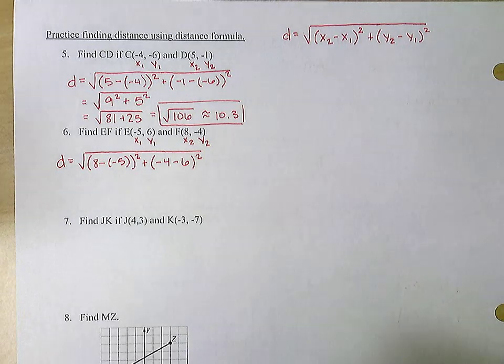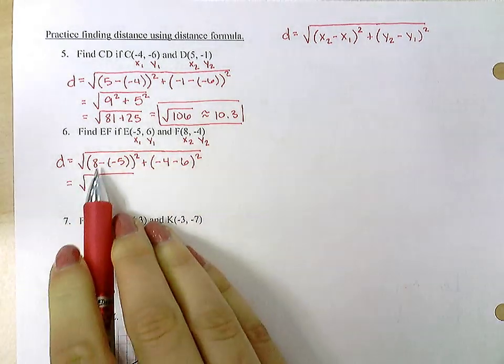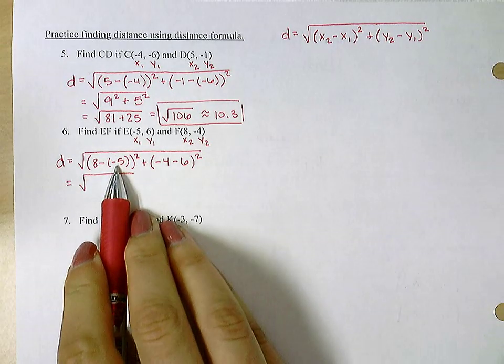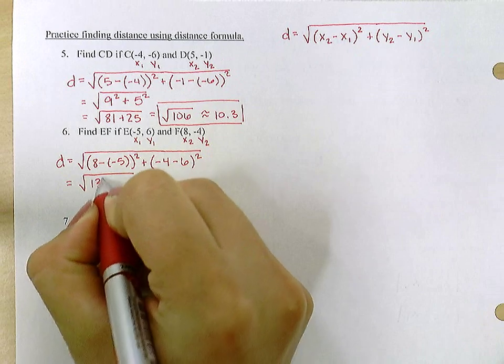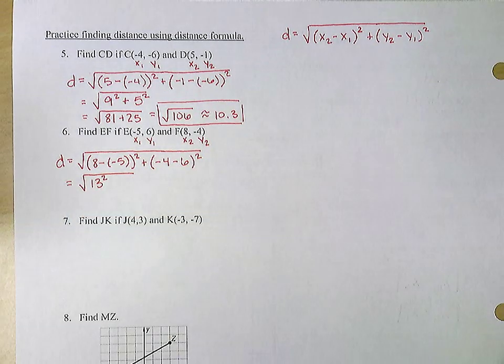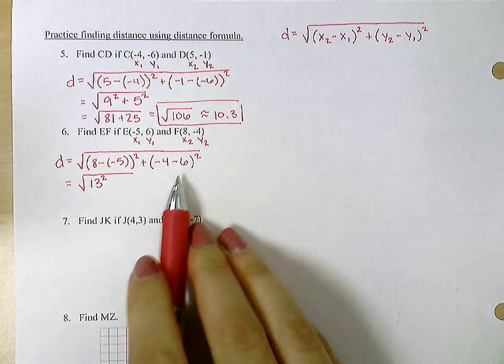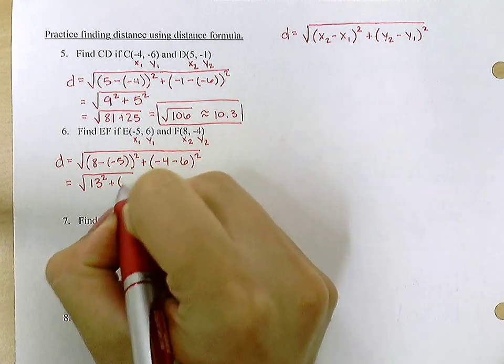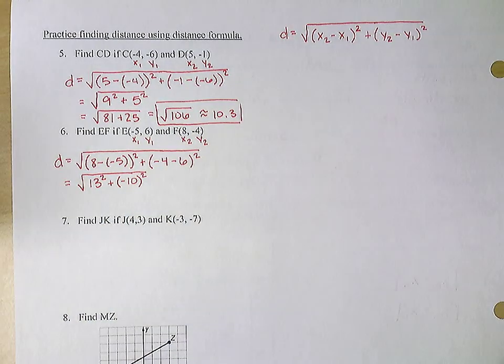Then I want to just simplify this. So I have 8 minus negative 5. That's 13. And 13 should be squared. I have negative 4 minus 6. That's negative 10. And that should be squared.